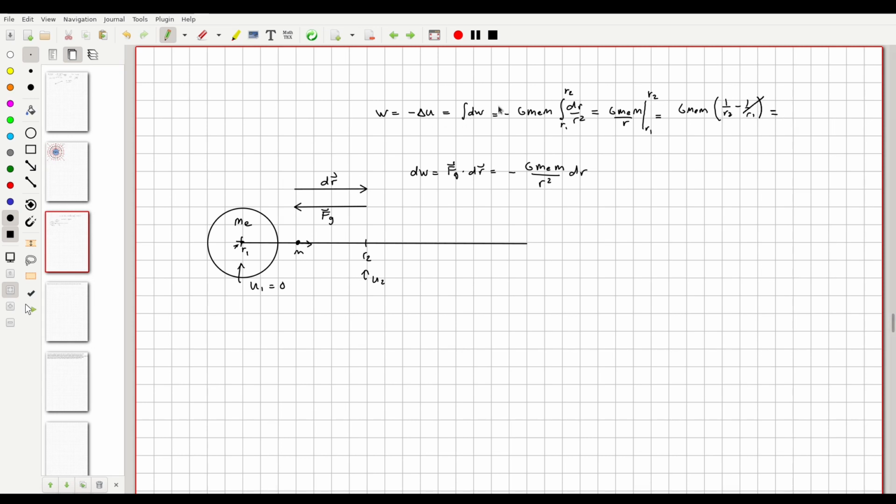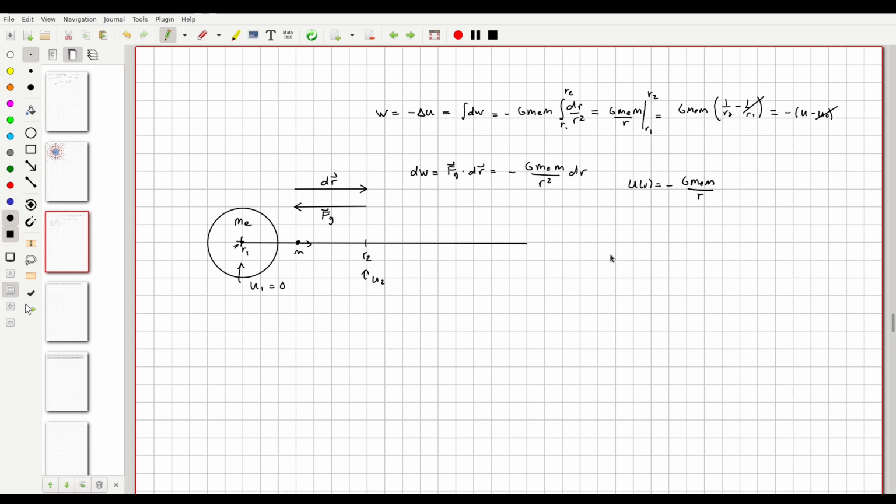And this, again, is equal to the change in potential energy. The change in potential energy is final potential energy minus initial potential energy. Our initial point is location 1. That's 0. So there's a minus sign here, which will move to the other side. And our potential energy as a function of r here is minus G mass of the Earth, mass of the thing moving away over r.